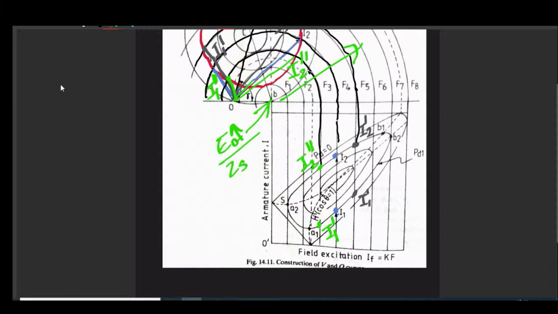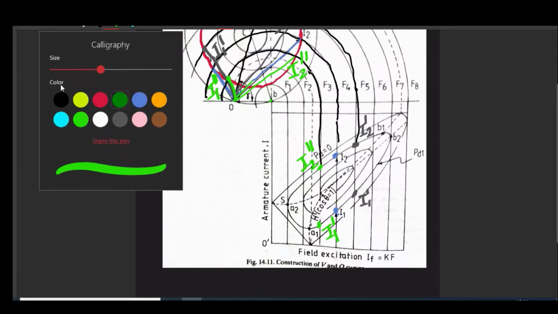So in this direction, if you move outward, you are taking higher values of E naught by ZS. Now let us take another value, then we will be able to.